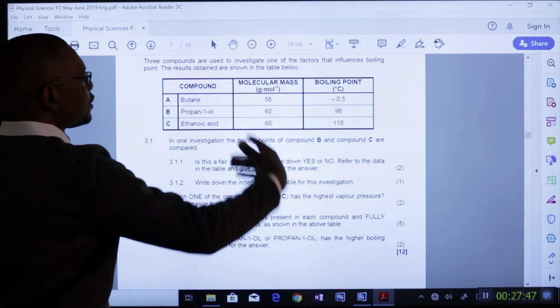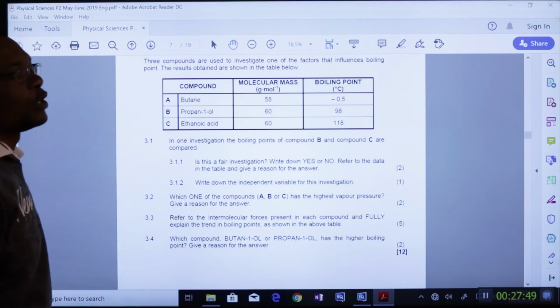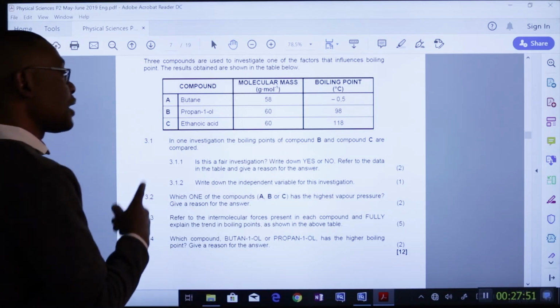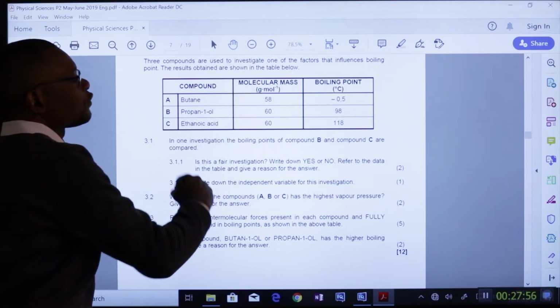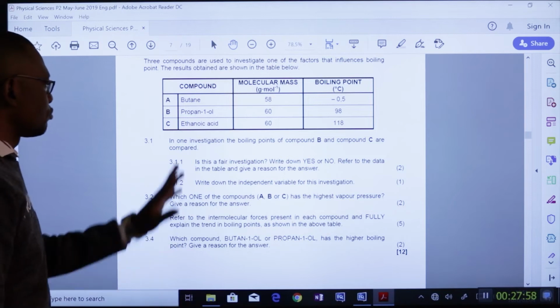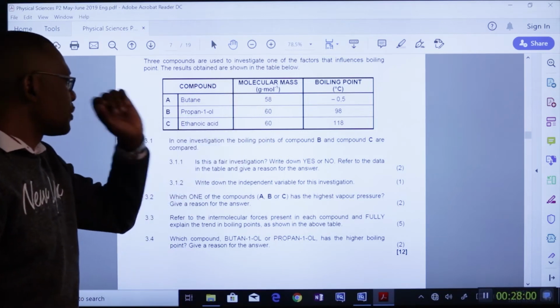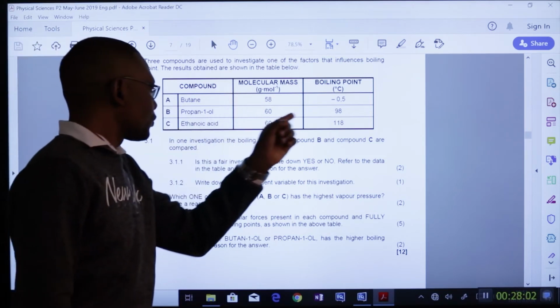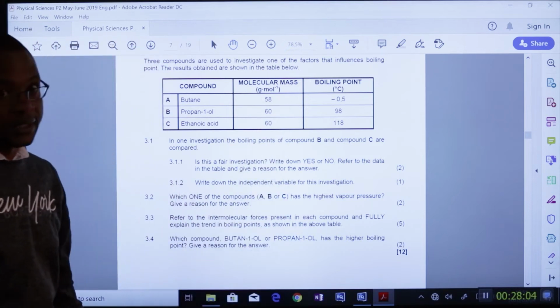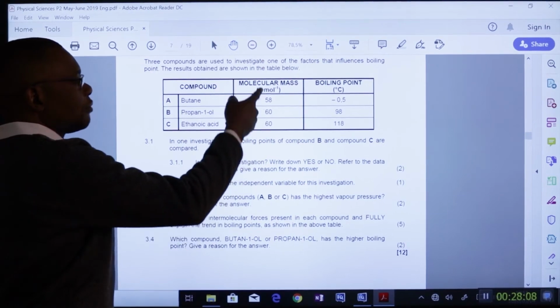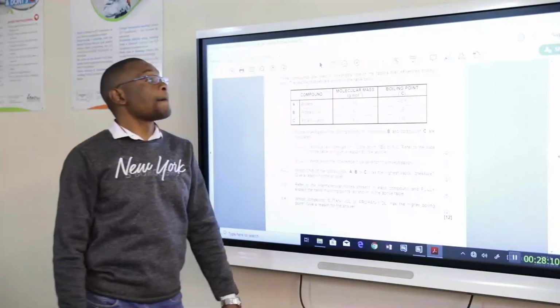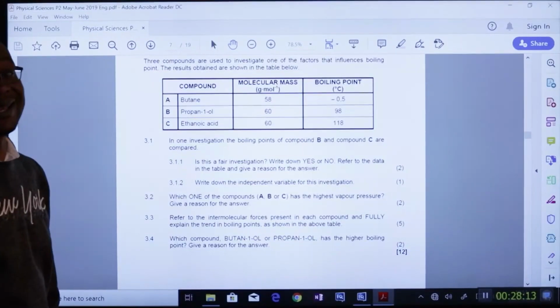So the fact that this is just below 0, it means that it's a gas at room temperature. Propanol, molecular mass of 60, imagine, just 2 more grams, it has got a boiling point of 98. So ethanoic acid, same molecular mass, but it has got a boiling point of 118.